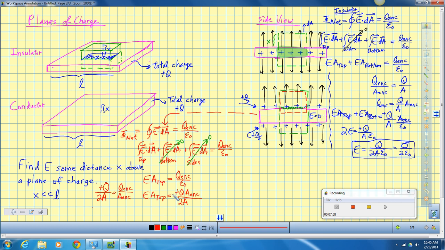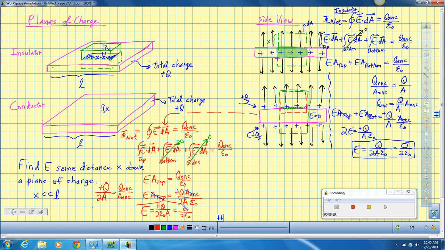Well, the area enclosed that has charge on it, this little area, and the area of the top of my Gaussian surface, this little area, those two are the same exact areas. And so I'm left with the fact that, oh, and I forgot an E0 as usual. And so I'm left with the fact that E is equal to plus Q over 2E0A, which is exactly what I had before, and I could write that as sigma over 2E0.